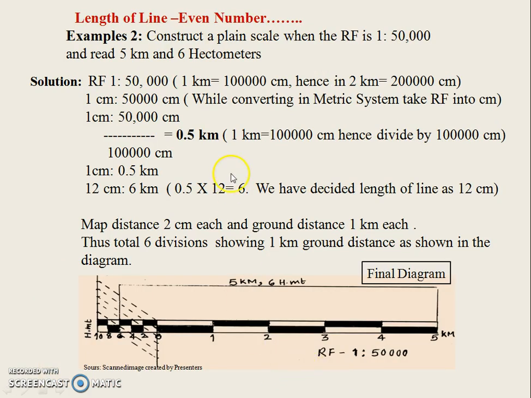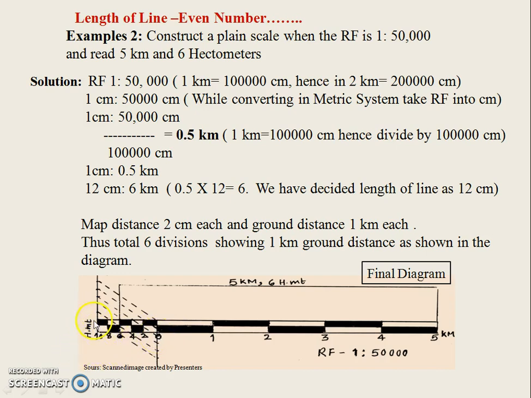Now we discuss a plane scale when the length of line is even. It is much simpler as shown in the diagram. Take a pause, follow step-by-step calculations and construct a scale as per the given diagram. In this diagram, length of line at the secondary division level is 2 cm and it is to be divided into 5 divisions.